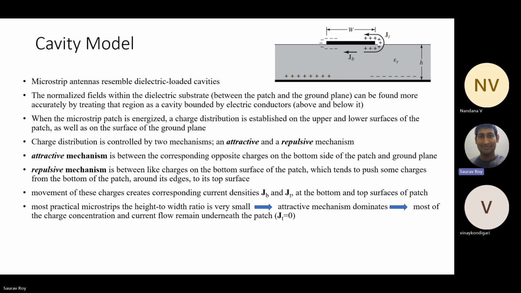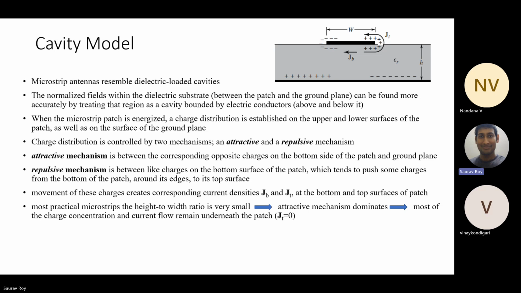So now let's see how this works. On the right-hand side, it looks like a dielectric loaded cavity. The top and bottom layers are metal, and the other sides also work like a metallic layer, as we'll see. In the picture you see these charge diagrams.